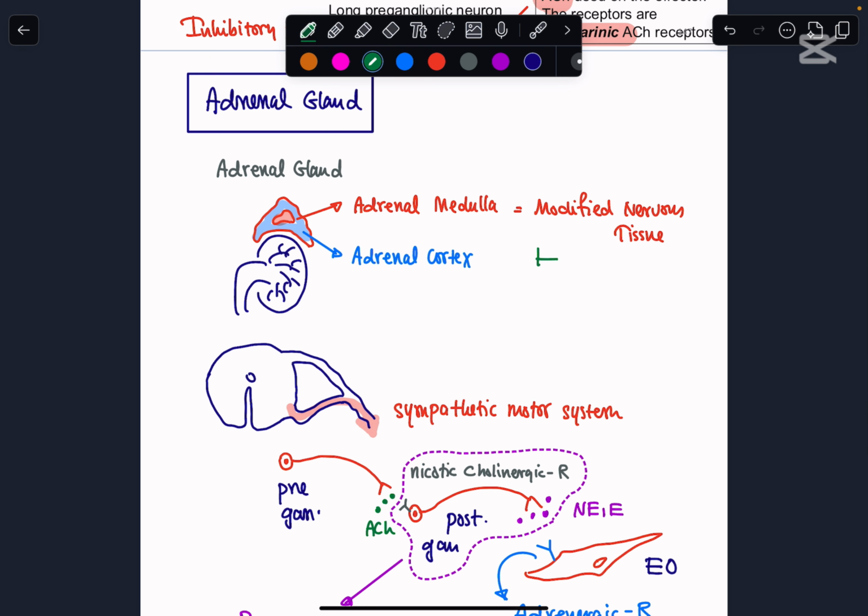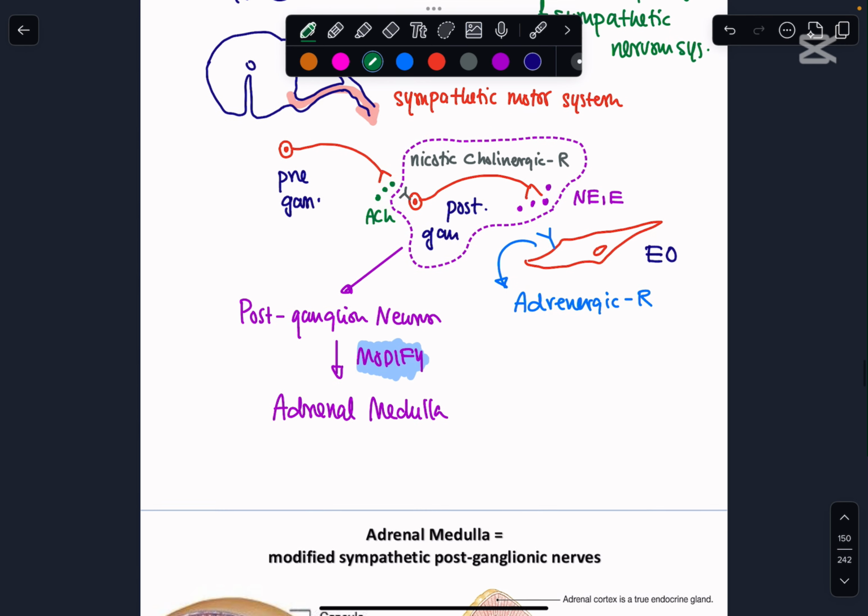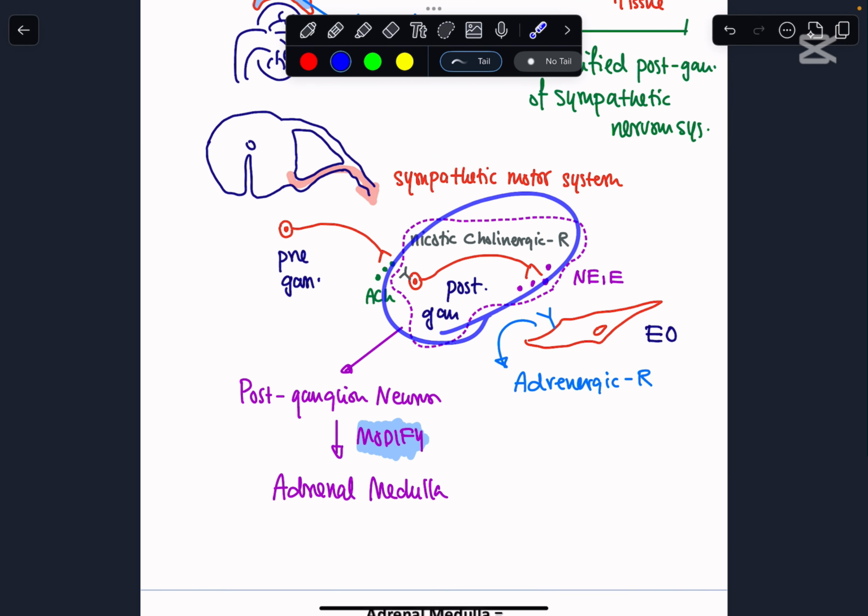So you could say that this is basically the modified postganglion of the sympathetic nervous system. Okay, so I hope it makes sense. Now, if you modify that, you basically get adrenal medulla.